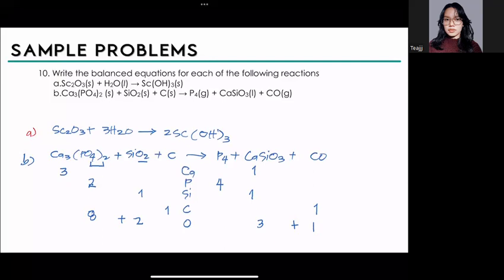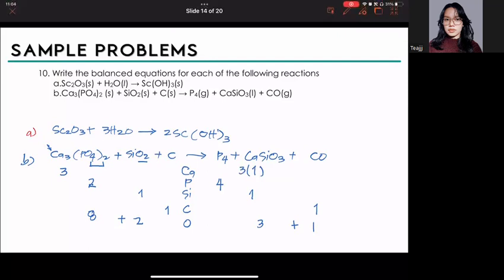Now, it may look very magulo. It may look very messy, but if you continue on practicing, this kind of layout can make sense to you. Now, since we have 3 calcium atoms on the left side, so in the right side, kailangan natin i-multiply ng 3. Change ako ng color.